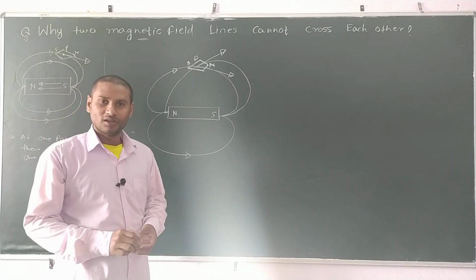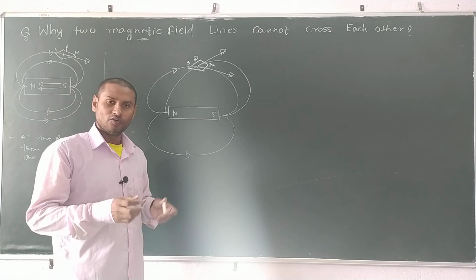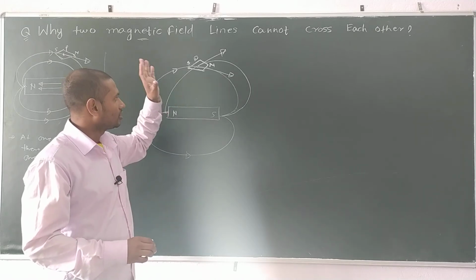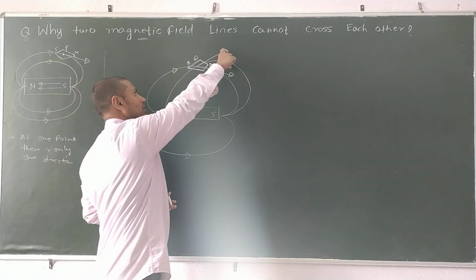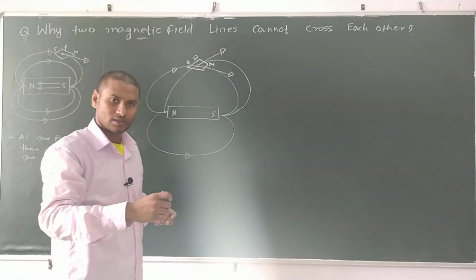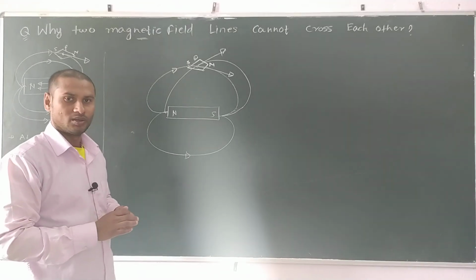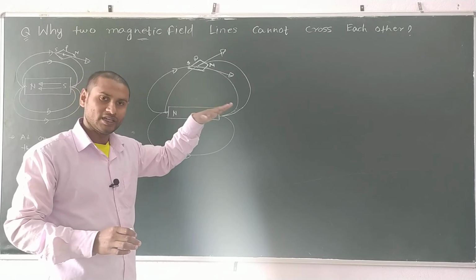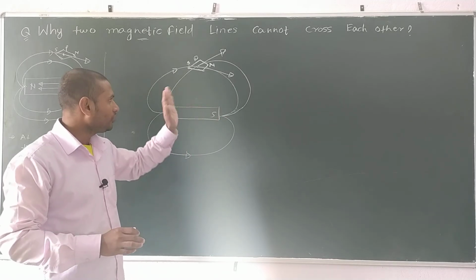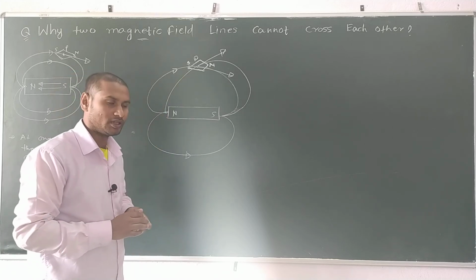Then which one is valid, the direction of the compass needle or the direction of the tangent? We validate the direction of the compass needle, because the field lines are imaginary, but the compass needle is not imaginary; it gives the actual direction of the magnetic field.